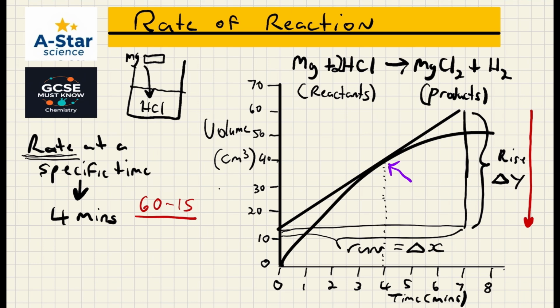So that's from 7 minutes all the way to 0. So obviously that's 7 minus 0. Okay, and we can work that out. So that's going to be 45 centimeter cube over 7 minutes. Let's get the calculator real quick.